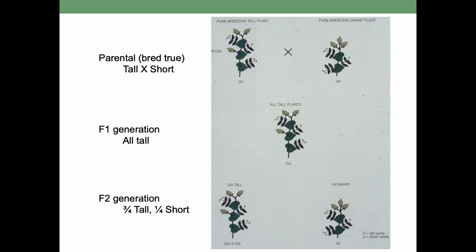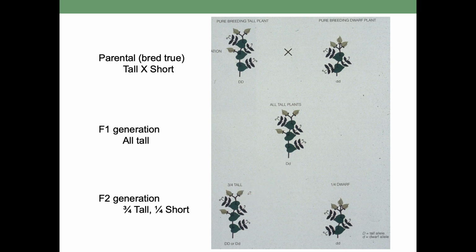In the F2 generation, he observed the same pattern over and over again, which was that 3/4 of all the plants of the F2 generation would have the phenotype of the F1 generation, right? In this case, they'd all be tall, or 3/4 of them would be tall.